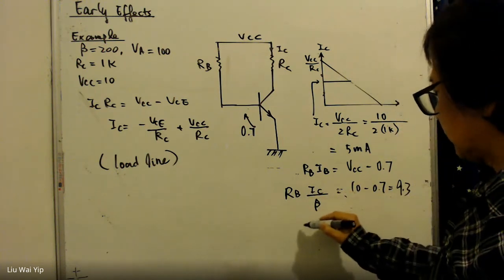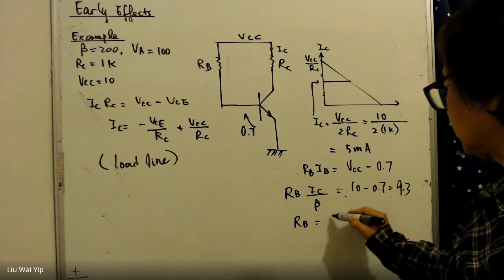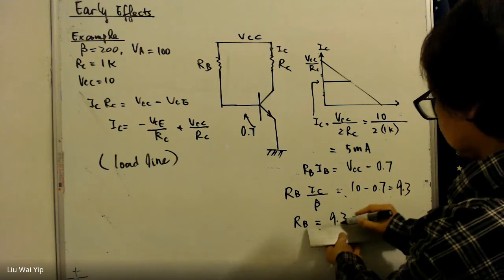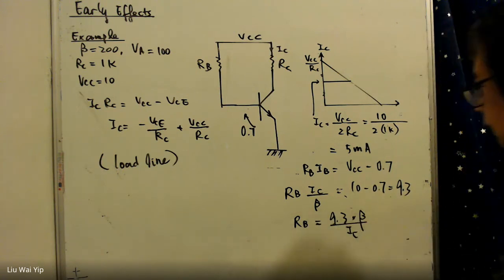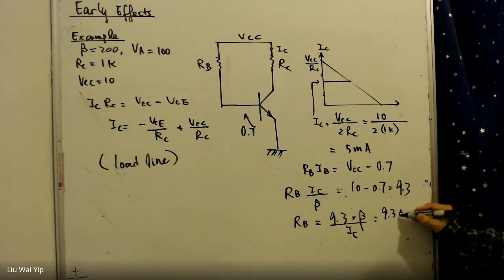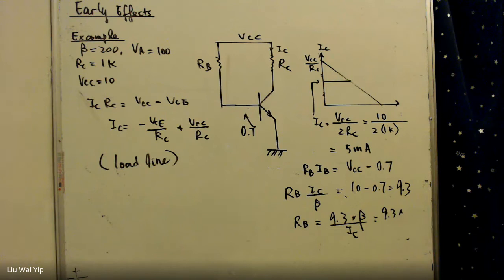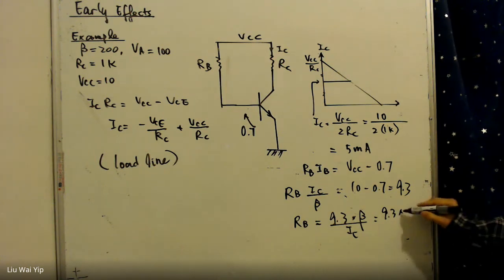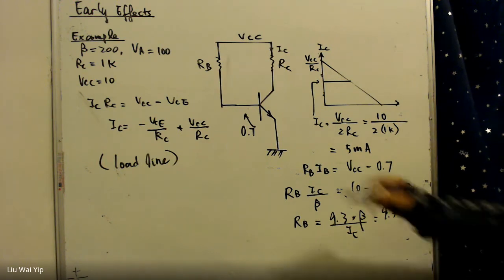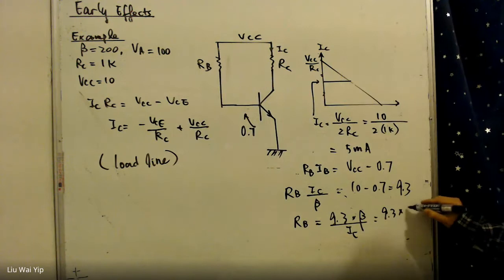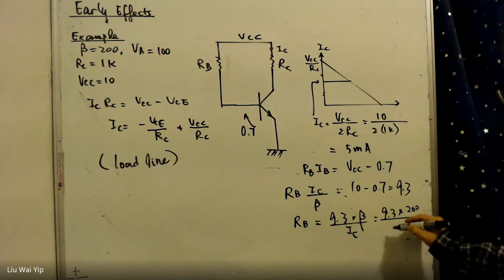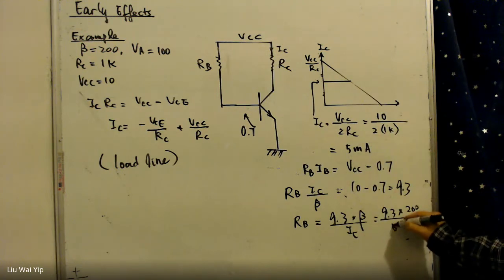If this is the case, RB is equal to 9.3 times beta. Beta is 200. And we have IC, which is this value, 5 milli.